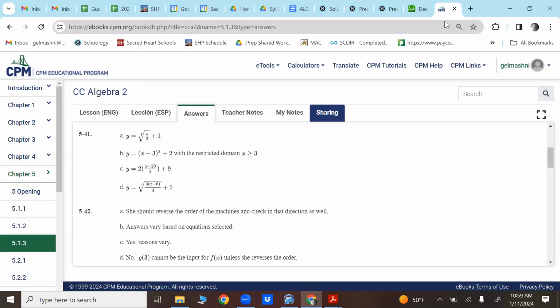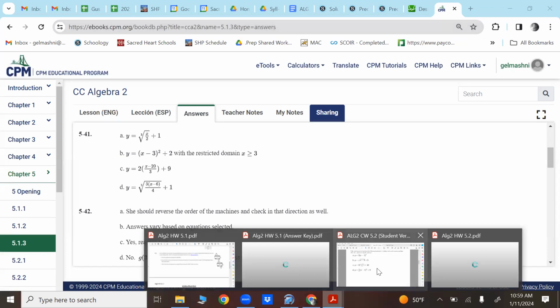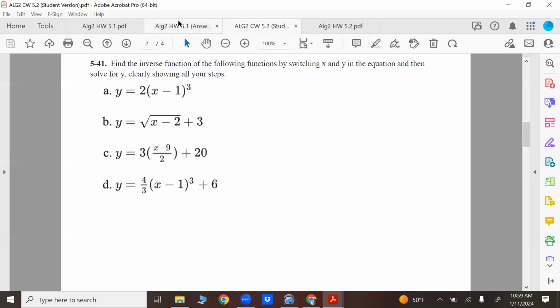Ben, you're a little off on the C, so I guess we did something wrong with that one. For part B, there's a restriction. Let me explain why there's a restriction. Going back to the original problem, how does that graph look?